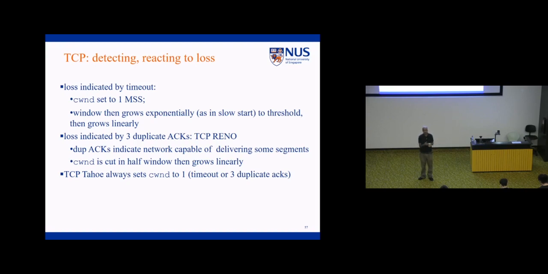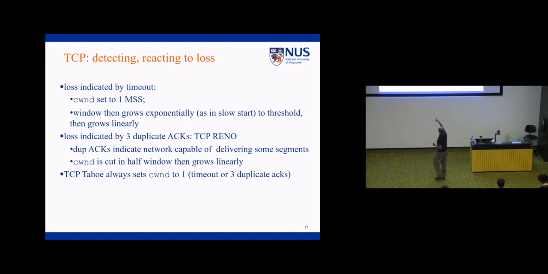Just like Android versions are named after ice cream or chocolate or something like that. In this case, TCP versions were named after, I don't know why, cities or places in the state of Nevada in the US. So there's a TCP Vegas, TCP Tahoe, TCP Reno, and so on.